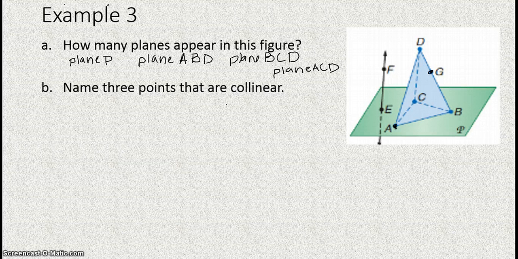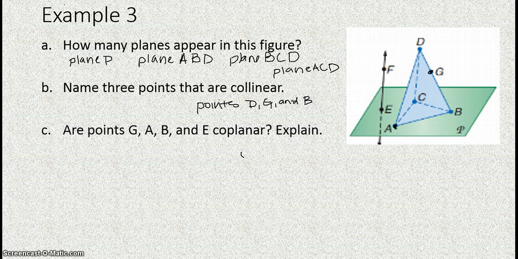Okay, 3 points that are collinear, so I'm looking for all 3 points that are on the same line. So that would be over here with D, G, and B. So points D, G, and B. Then it wants to know if points G, A, B, and E are coplanar, and to explain.